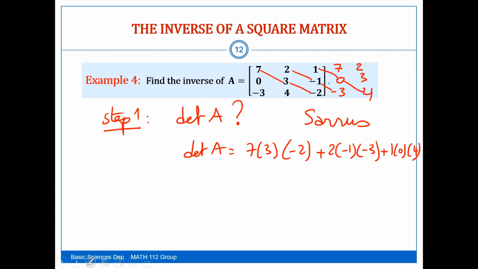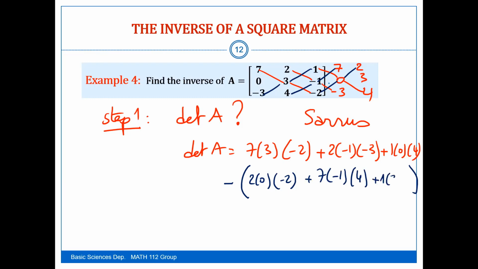Then we go to the other side. We multiply the diagonals in this way with a minus: 2 times 0 times -2, plus 7 times -1 times 4, plus 1 times 3 times -3.